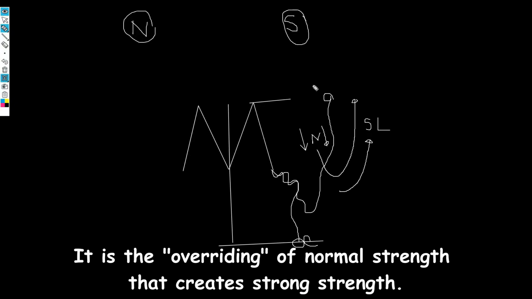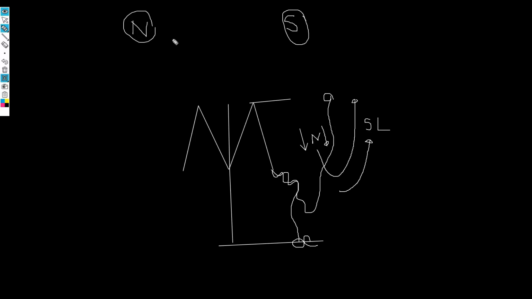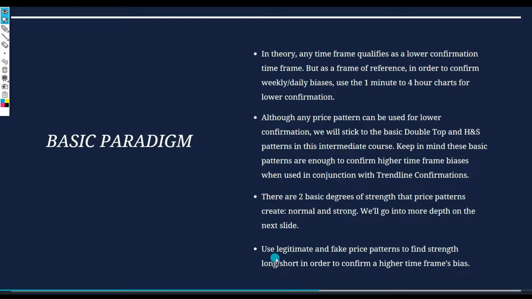We'll go into more depth about this in the next slide, but for now, just remember, there are two basic degrees of strength through price patterns: normal strength and strong strength. Okay, let's go on to the next one. Use legitimate and fake price patterns to find strength long or short in order to confirm a higher time frame's bias.